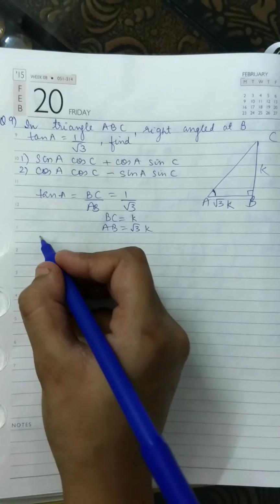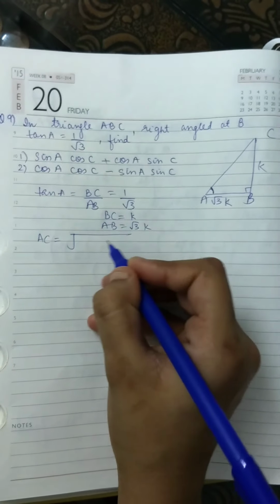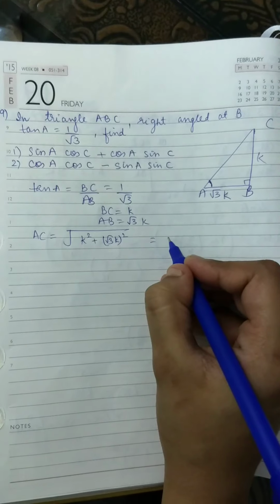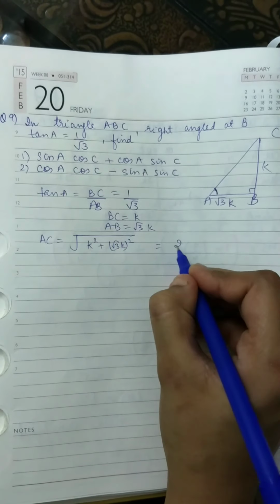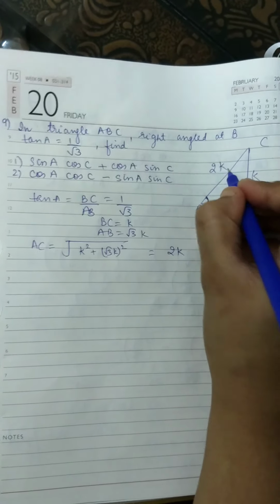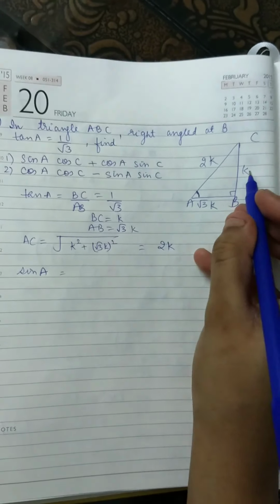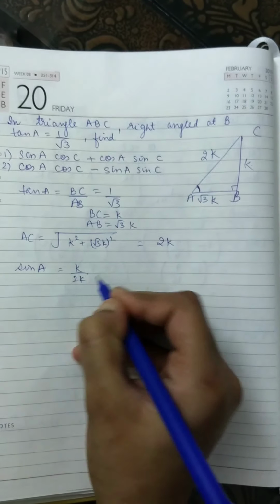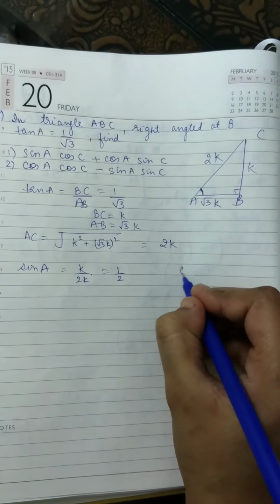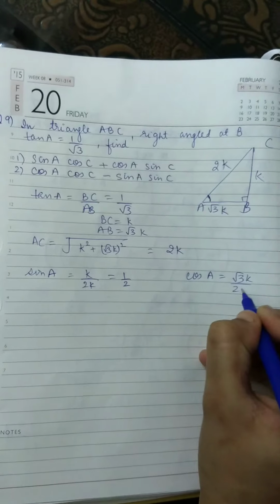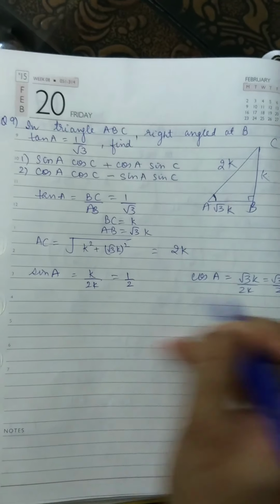So by Pythagoras theorem, AC will be under root of K square plus root 3K whole square. 1 plus 3 is 4, that means 2K. Now find the value of sin A. Sin A will be K upon 2K, which is 1 upon 2. Cos A will be root 3K upon 2K, which is root 3 upon 2.